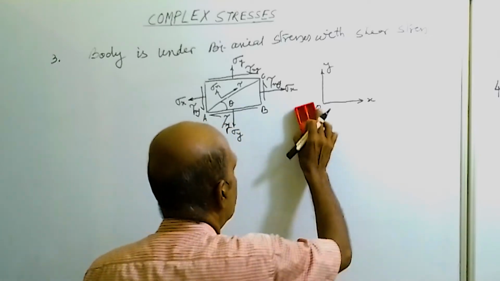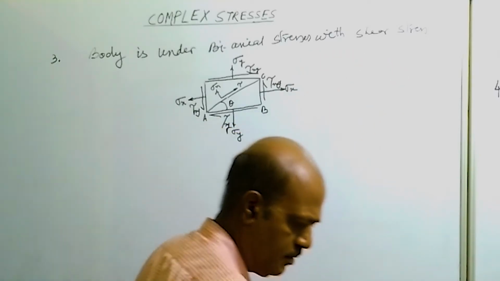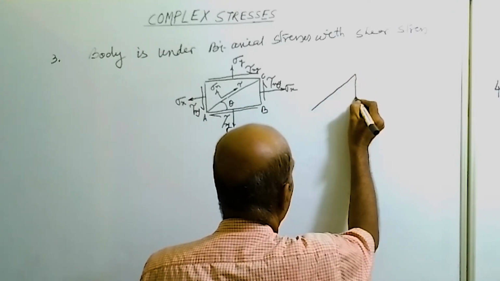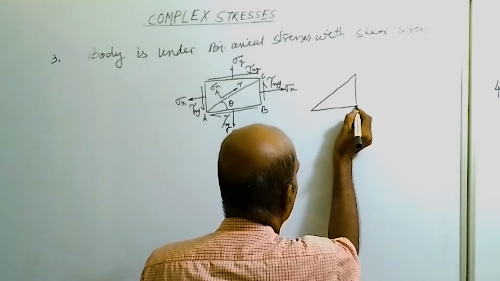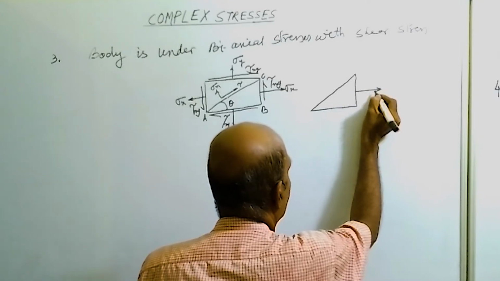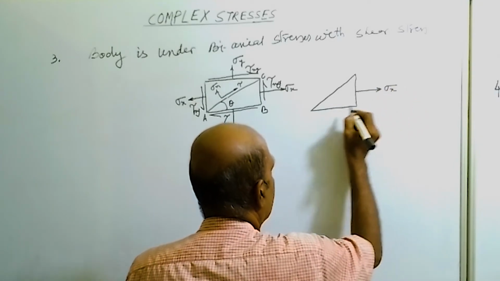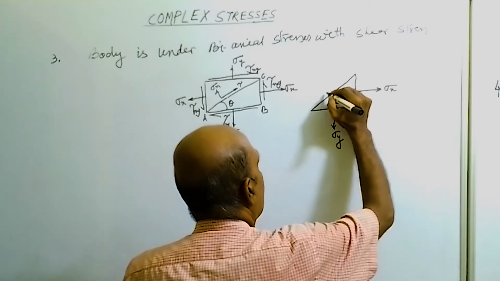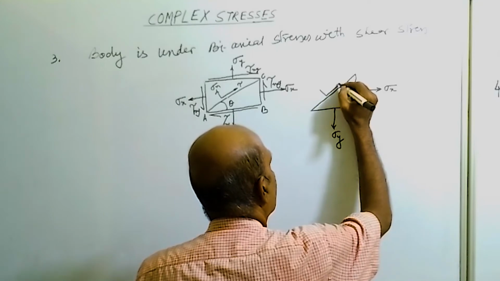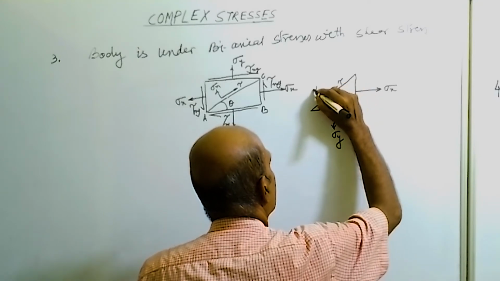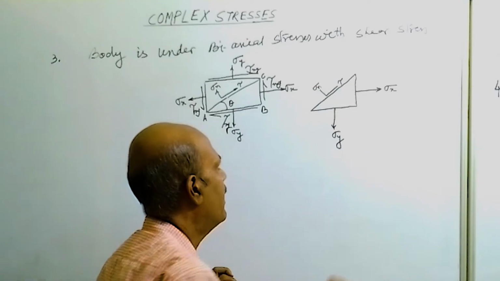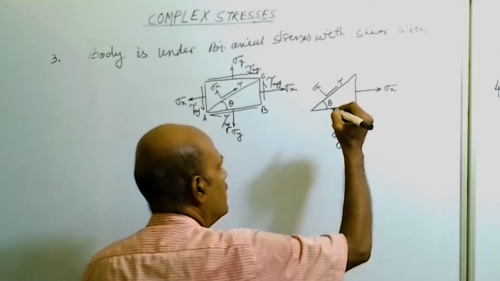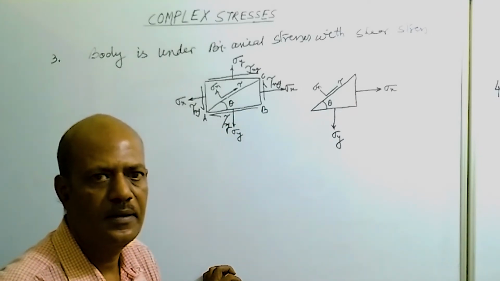So if we draw the stress element, then the stress element becomes: sigma x is acting along x direction, sigma y stress is acting along y direction, and let sigma n and tau is the stress developed on inclined plane which is at an angle theta with x direction.